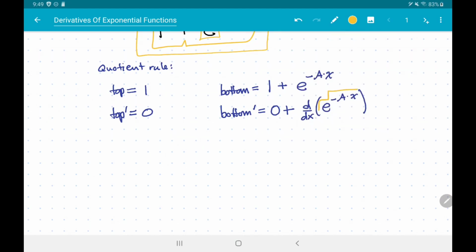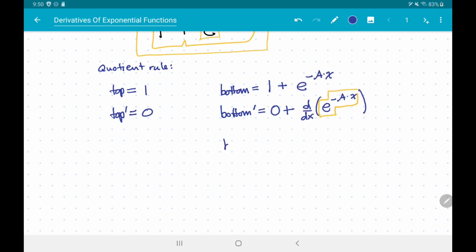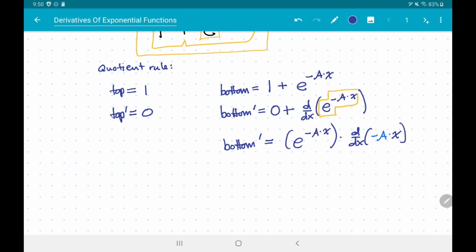So there you see e to the power. The derivative of e to the stuff is e to the stuff. And there's the stuff. So we have e to the negative a times x. And then we have to multiply by the derivative of the stuff. And just remember that negative a times x is multiplication by a constant.